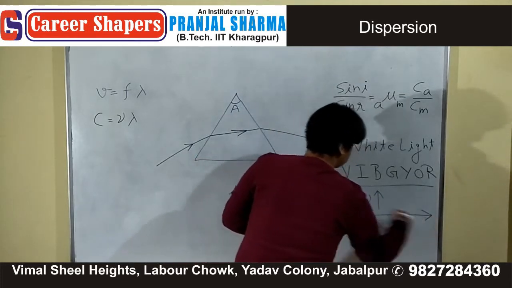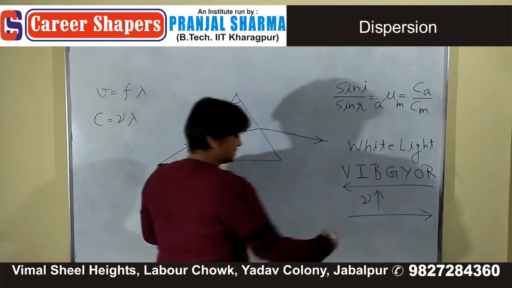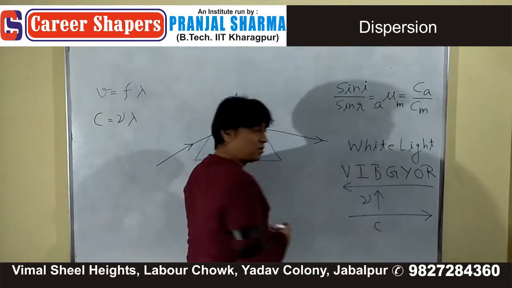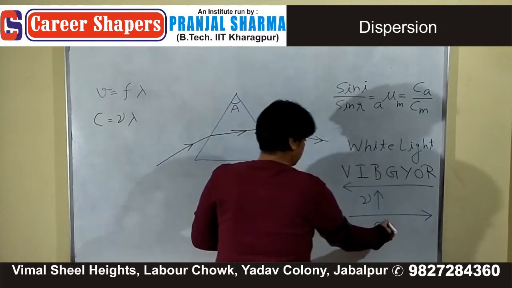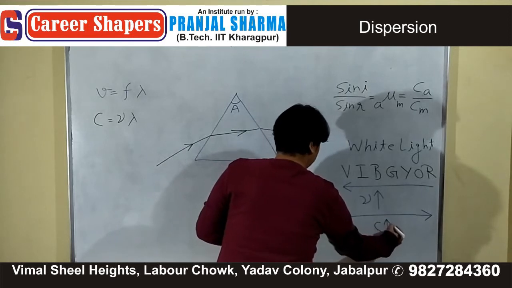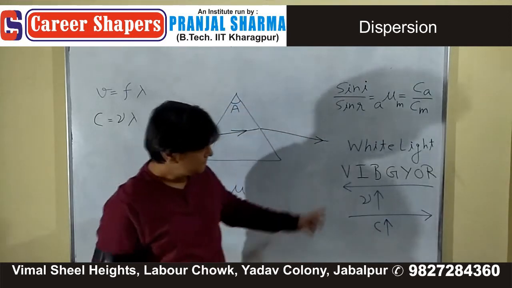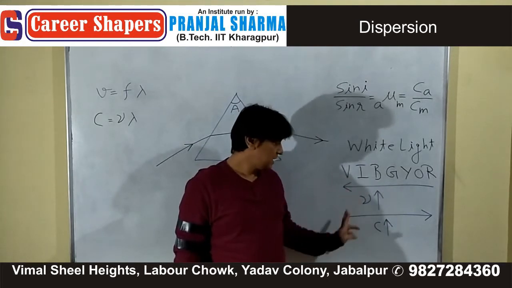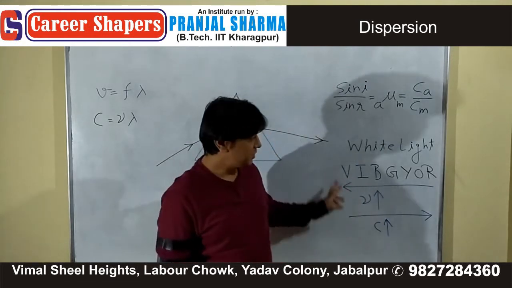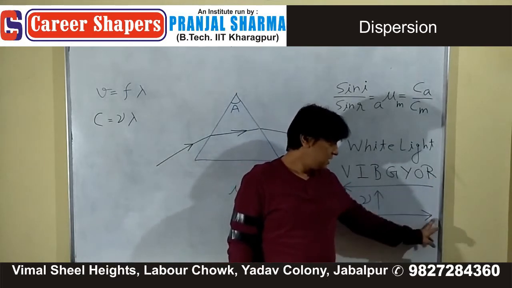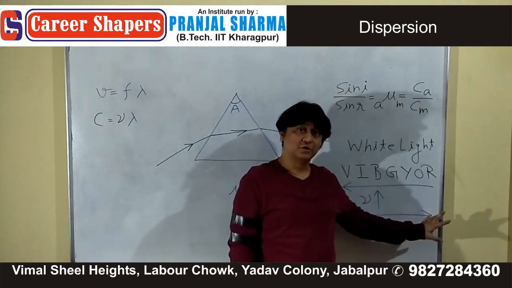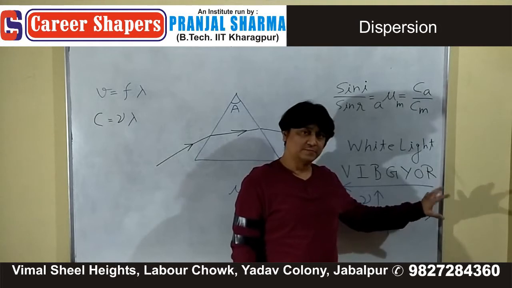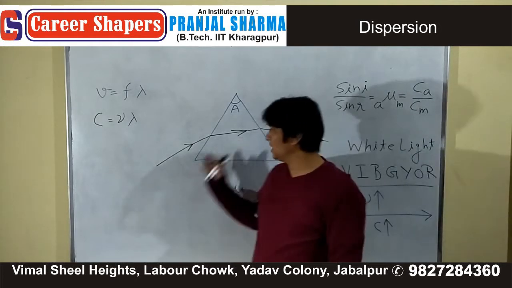As you move in this direction, C, the speed of light for a particular color, increases. Speed of light for violet color is minimum. Speed of light for red color is maximum because of a very small number of interactions with the material.